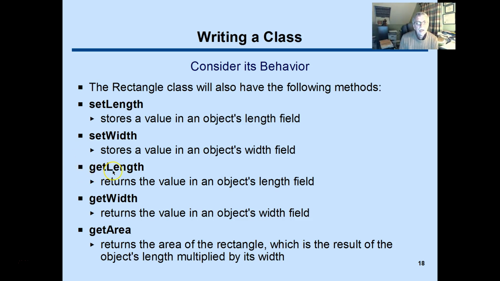So we've got get the length, get the width, and then the other one is a computation that's being performed to compute the area, and we're deriving that from the length and the width. What the exact formula is, don't know, don't need to know, okay?